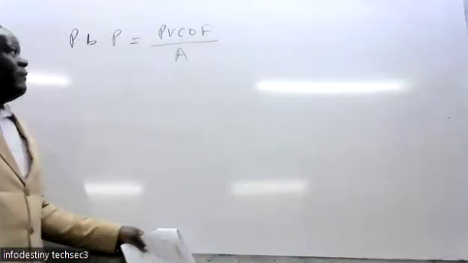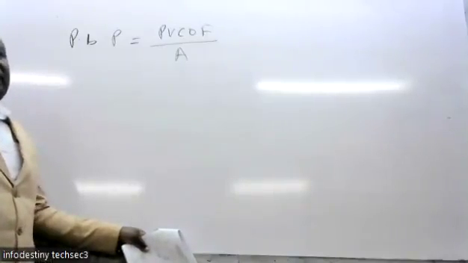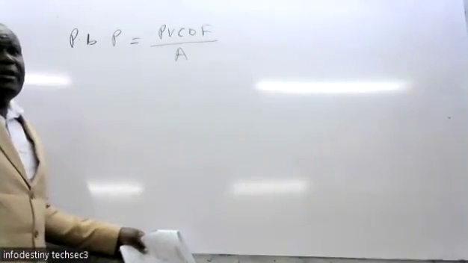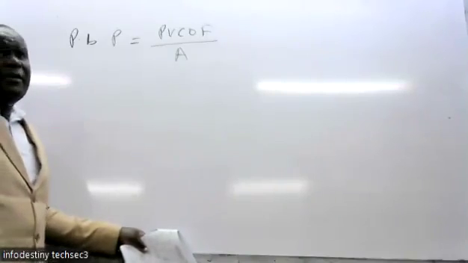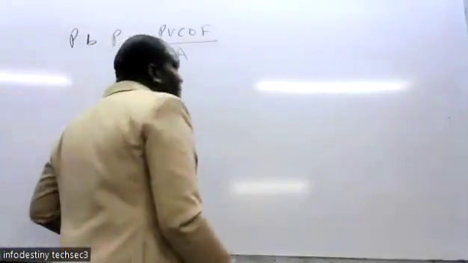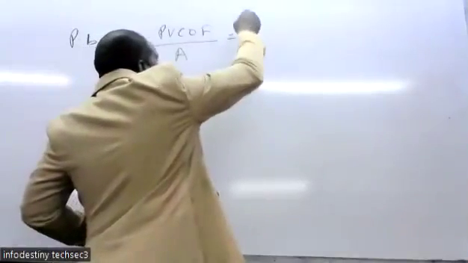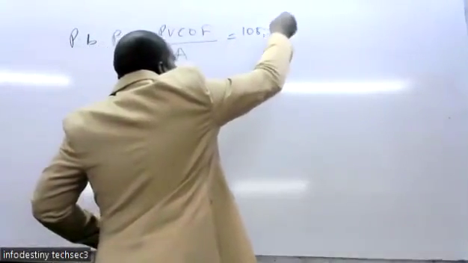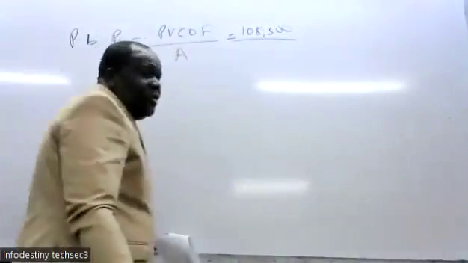The present value of the cash outflow is what was there in step number 1. We calculated step 1, we got how much? 108. Then the annuity is the annual cash inflows.